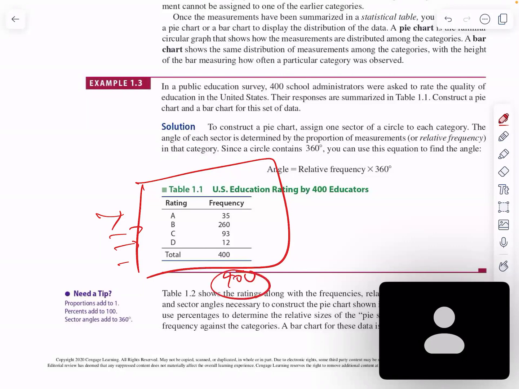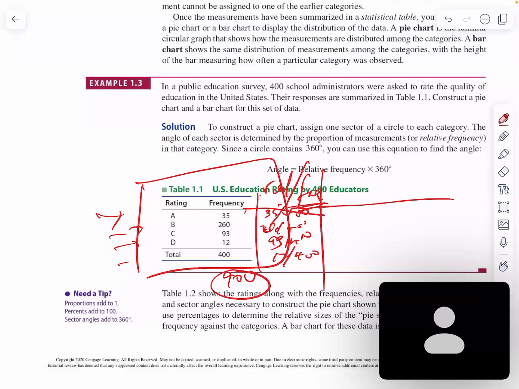Okay. Now, if you want to construct a pie chart with this, you need to have what is called relative frequency. That is, you divide each of the frequencies here by the total: 35 over 400, 260 over 400, 93 over 400, and 12 over 400.